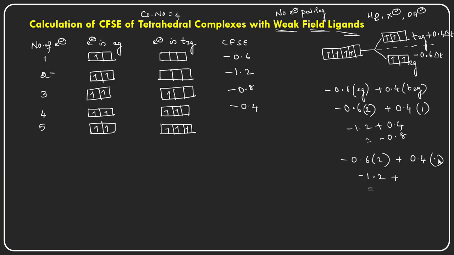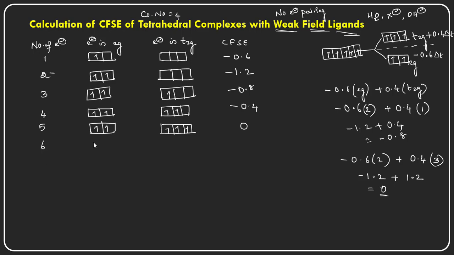Here the 3 electrons are present in the T2G orbitals, right? For the fifth electron which will enter into the T2G orbital, 3 electrons are present. 0.4 into 3 will be the plus 1.2. And what is the difference here? The sign conventions are opposite to each other, same values are there. So it will be a 0 crystal field stabilization energy value.